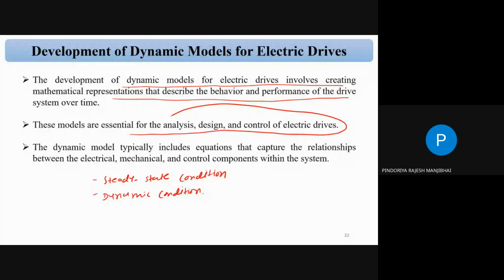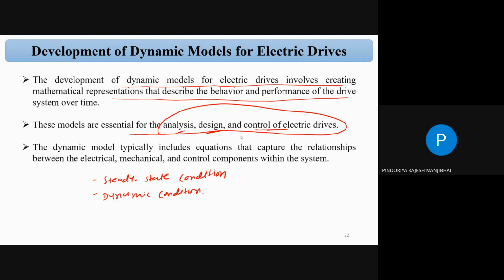And as we are power electronics and drives students, we have to analyze the motor, we have to design the motor, and finally we have to control the electric drives. Correct. So these are the three important things: analysis, then design, and then finally control. So first we have to analyze the parameters.